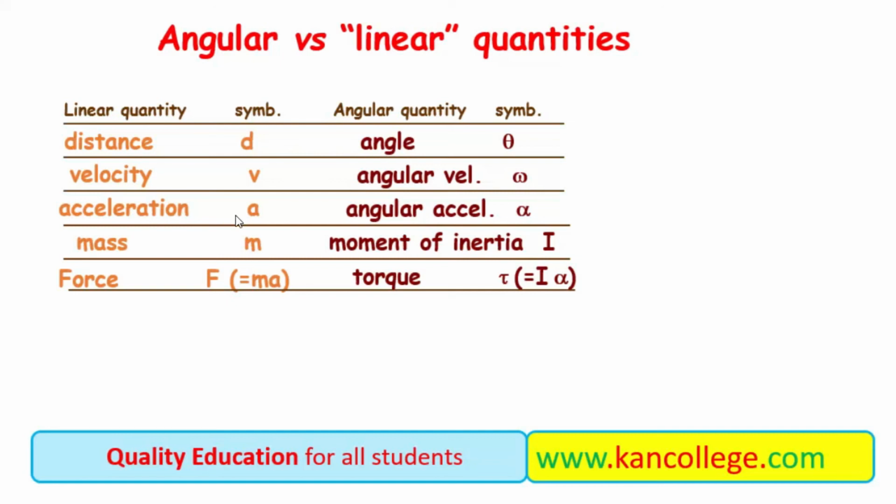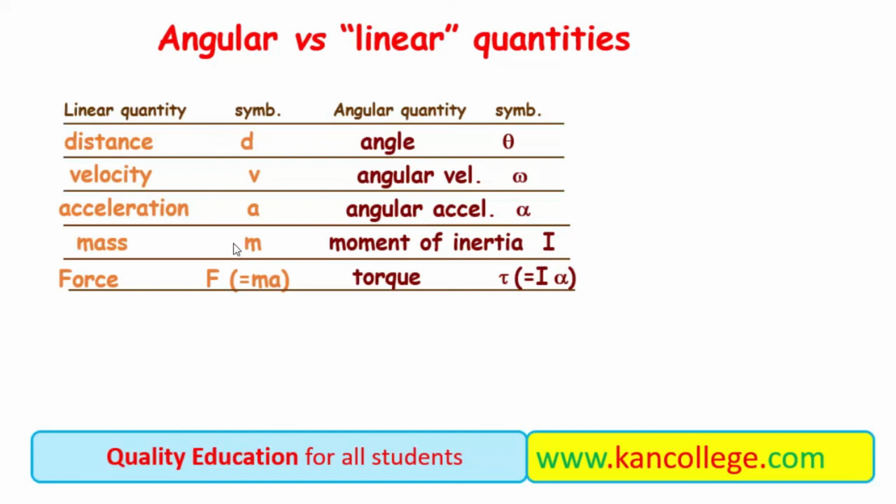Similarly, in linear motion, we take the acceleration as a, but in angular motion, we replace this acceleration term with the angular acceleration. Similarly, in linear motion there is mass, and in circular motion, mass is replaced with the moment of inertia.